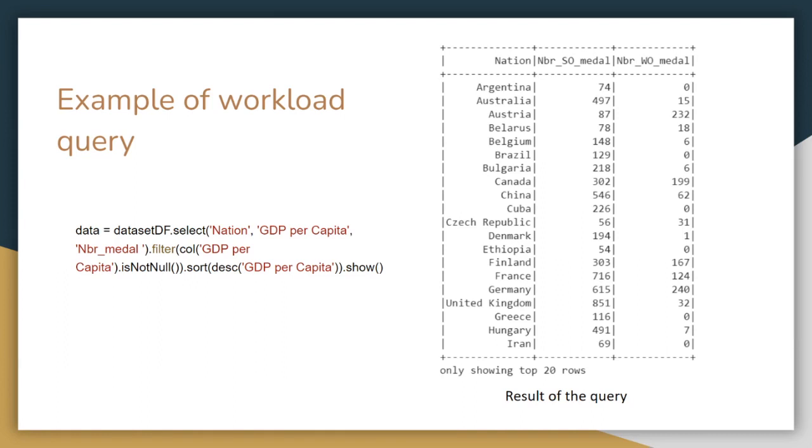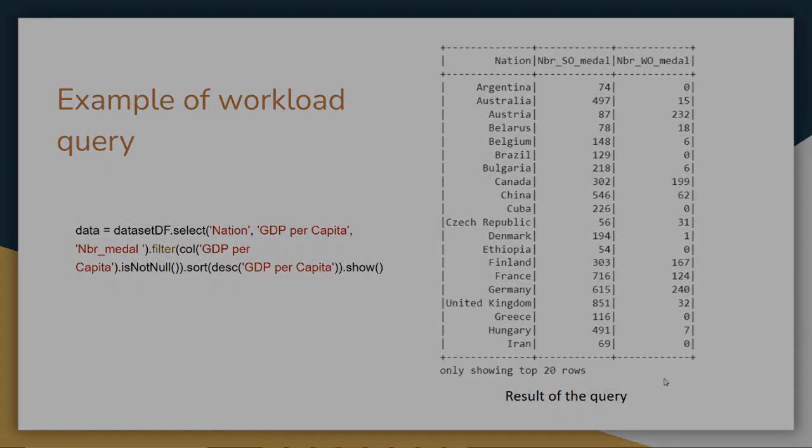It needs structured data, so we converted our data to data frames and used these methods to convert our OLAP query, and it was used to answer one of our business questions. On the right part, you can see the results of our query.